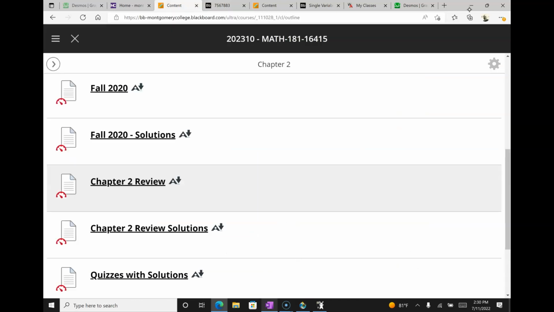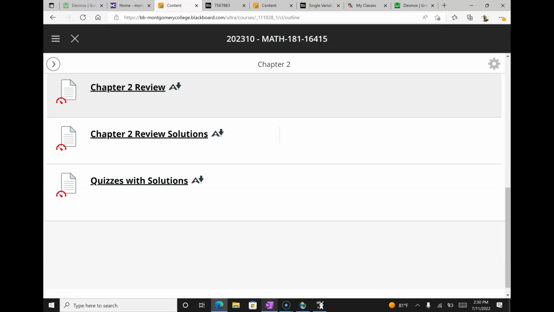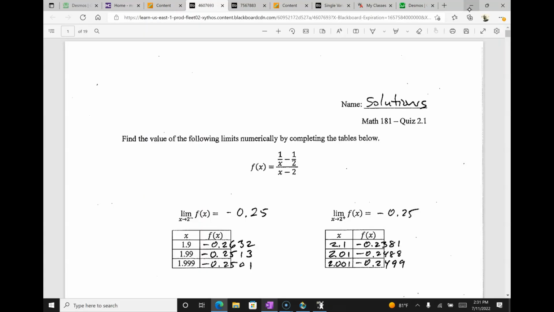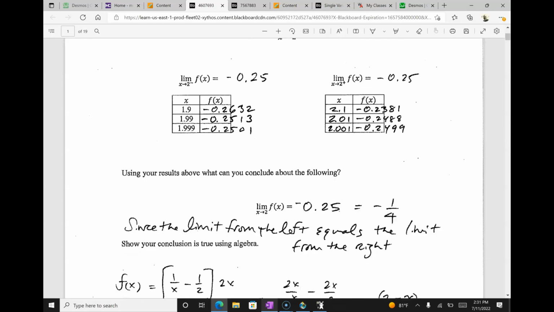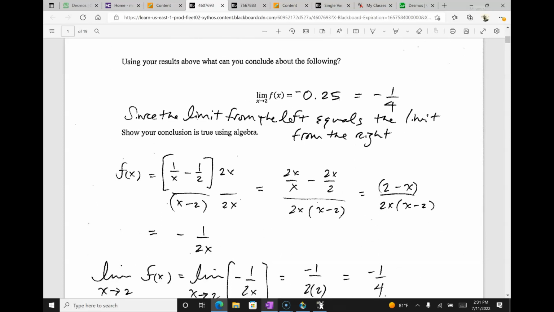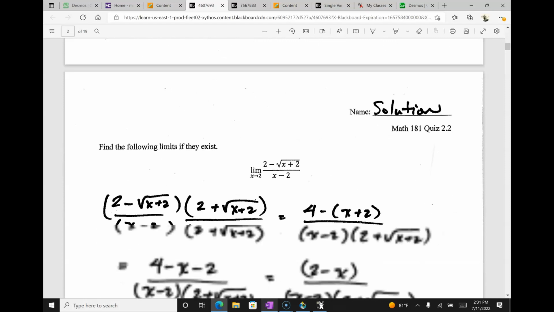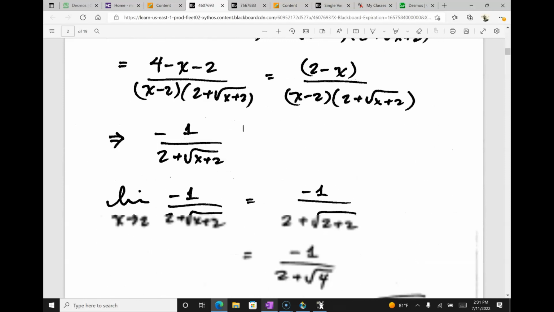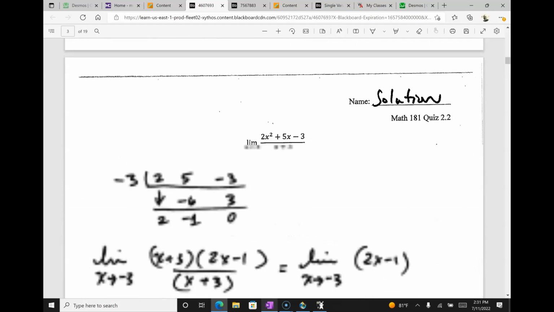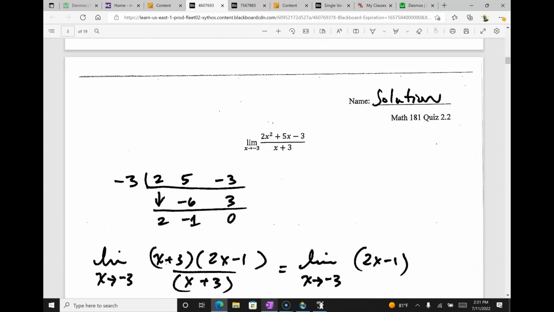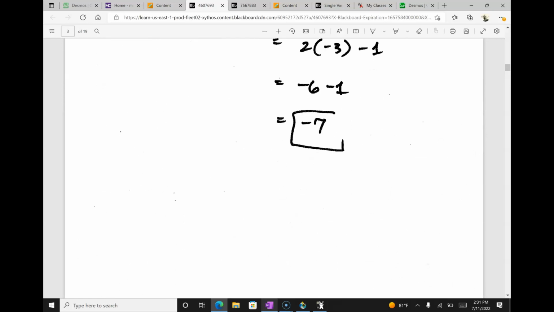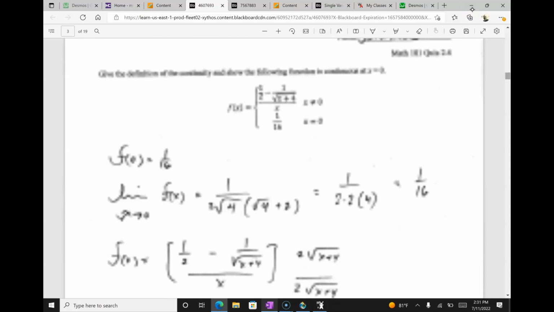If you go back to that same content and look at all my old quizzes for chapter 2, there's a numerical, there's an algebraic, there's an algebraic. There's a whole bunch of quizzes.